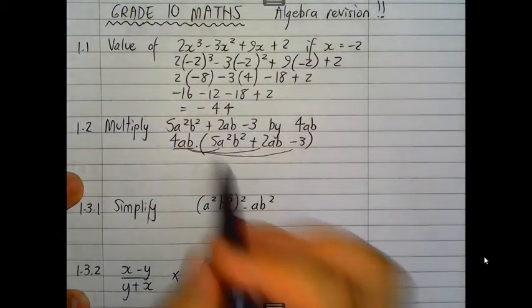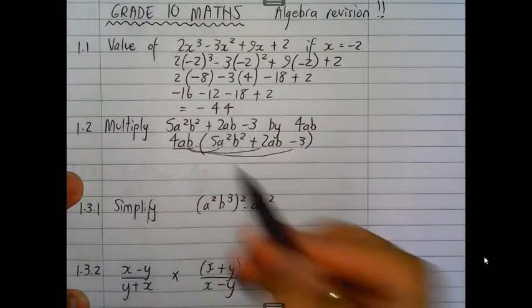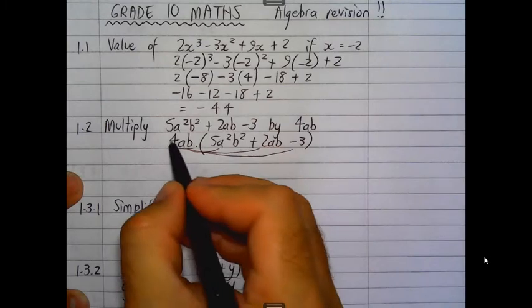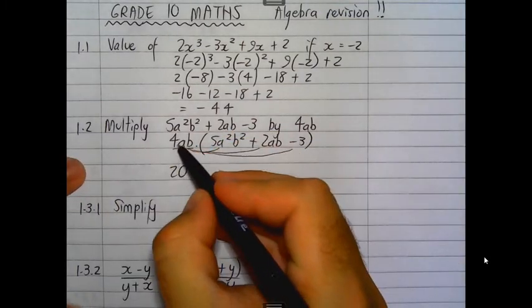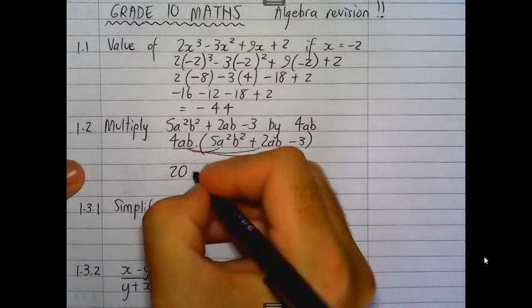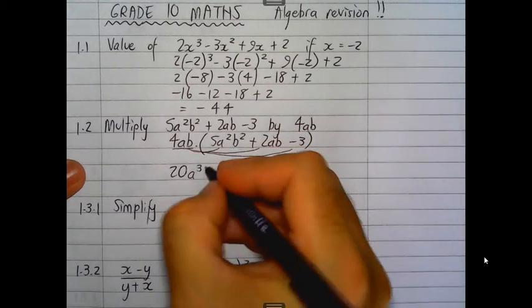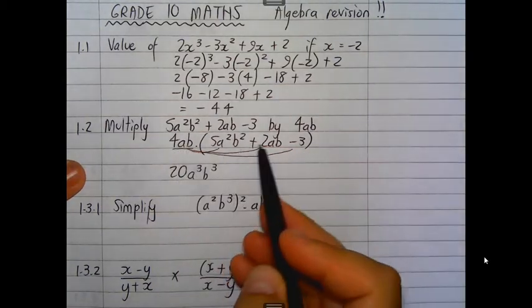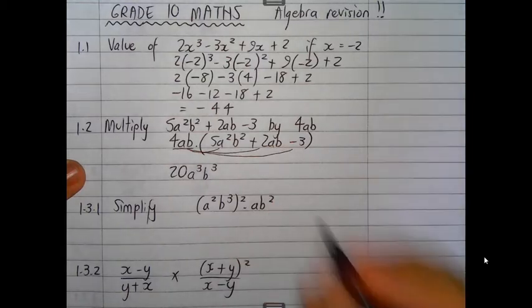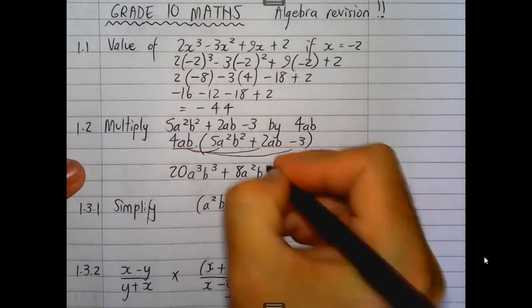Okay, let's do that. 4ab times 5a squared b squared is going to give you what? The 4 times the 5 gives you 20. The a times the a squared is going to give you a cubed. And the b times the b squared is going to give you b cubed. Happy? The 4ab times positive 2ab will give you positive 8a squared b squared.